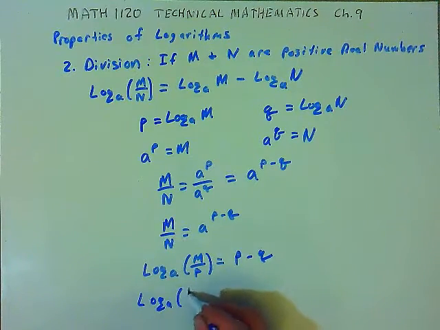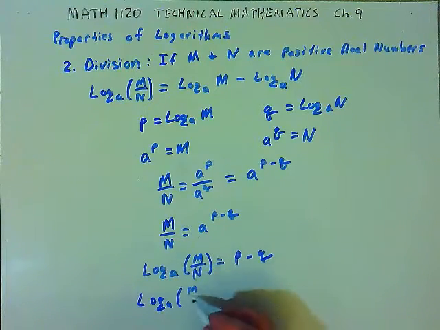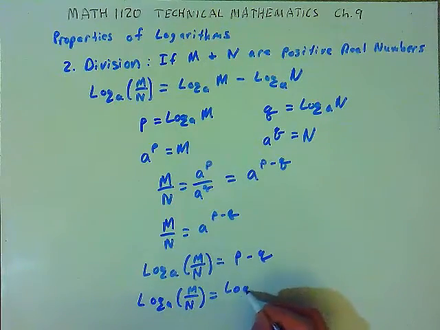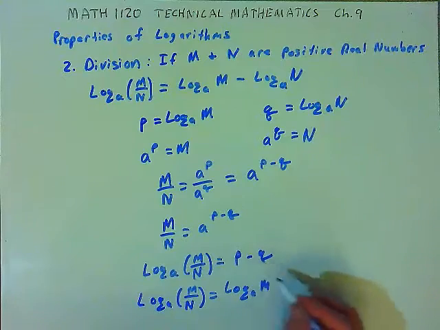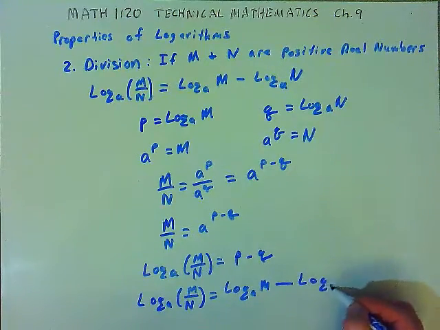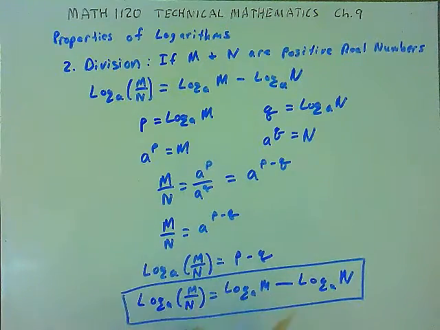The log base a of m over n, oops, I was supposed to write n here, not p. The log base a of m over n is equal to p, which was log base a of m, minus q, which was log base a of n.